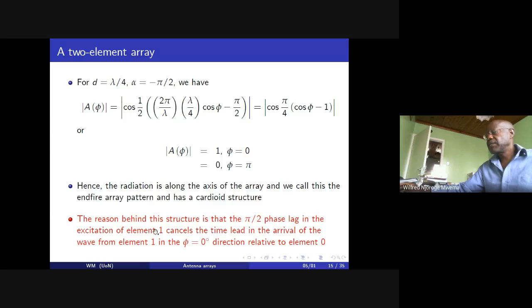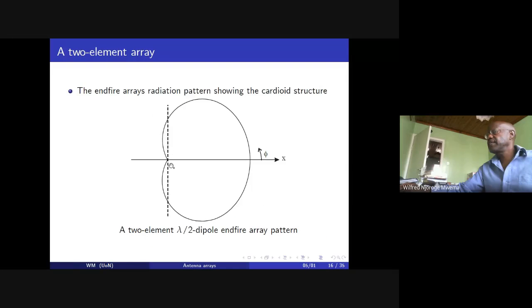We know that element 1 physically is closer to the field point than element 0, and therefore its field will arrive there earlier than the radiation from element 0. But we are exciting that element with a current that is delayed, and therefore its field is delayed by the same amount, and therefore this cancels that radiation lead. So the cardioid figure is as shown there.